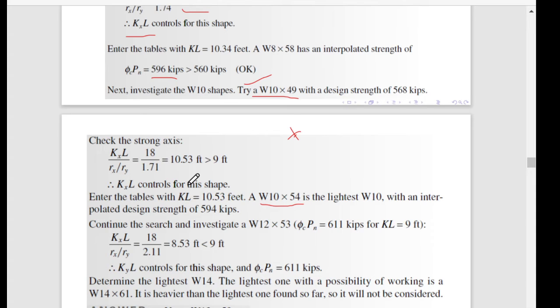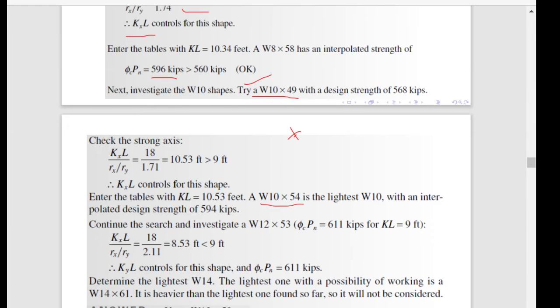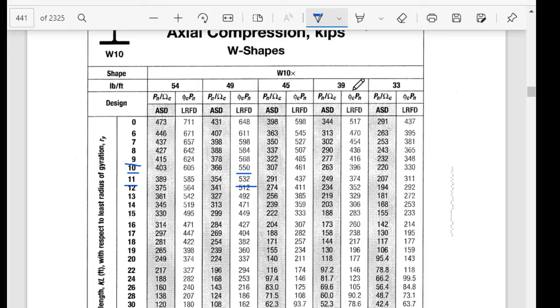Then interpolate, with the interpolated design strength value. Looking at the W10 by 54, the next one greater than 560. So W10 by 54 is exactly the next one. We'll try to check this W10 by 54.